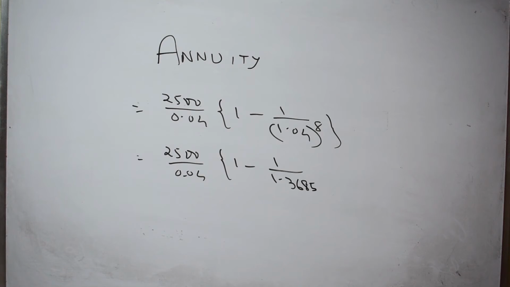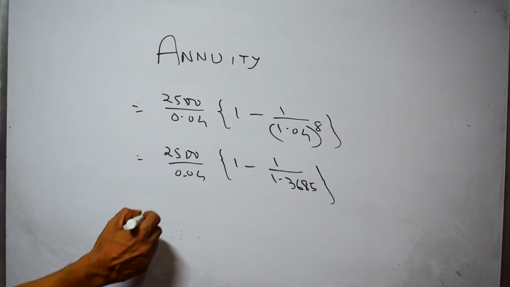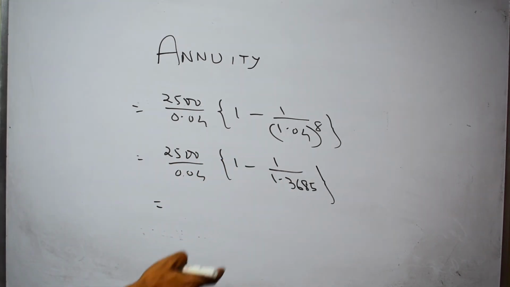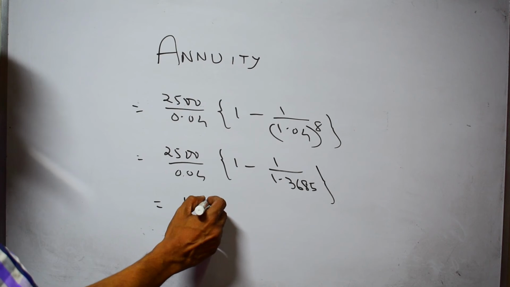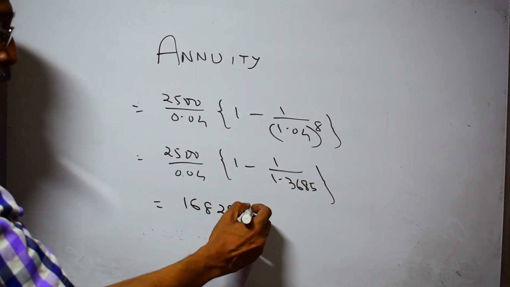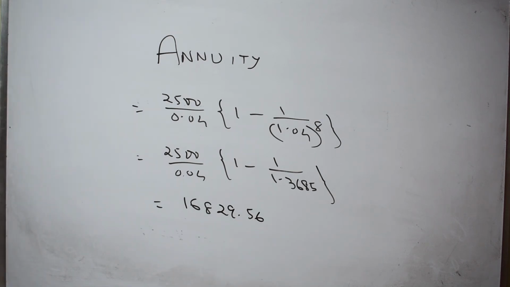Then after simplification, if I take the LCM, subtract 1 and then divide, and 2500 divided by 0.04, the whole answer ultimately comes to 16829.56. So this is the calculation of present value, and the previous one was future value.